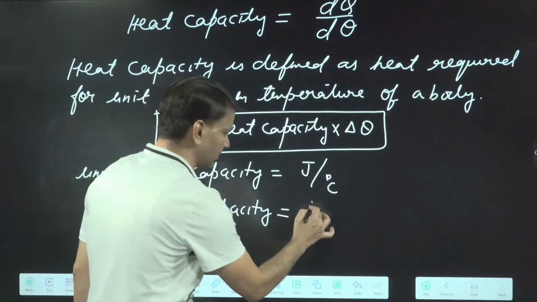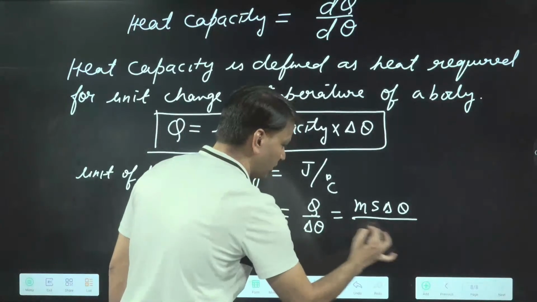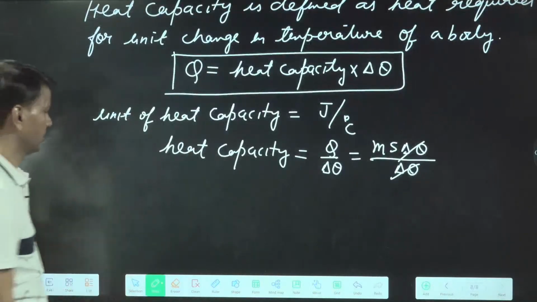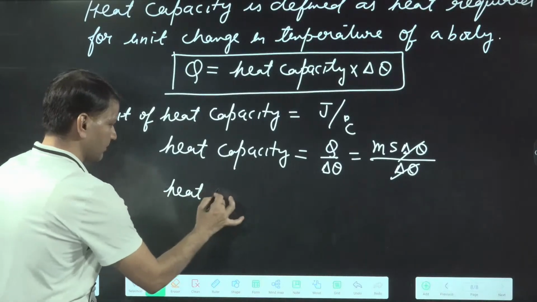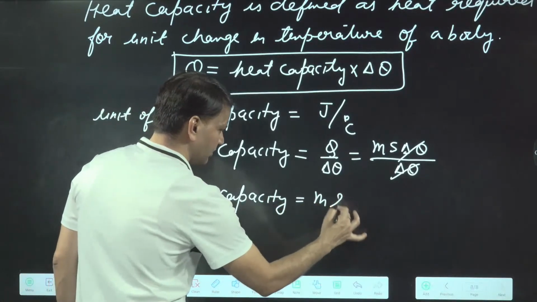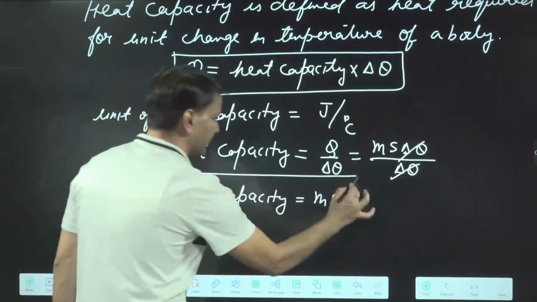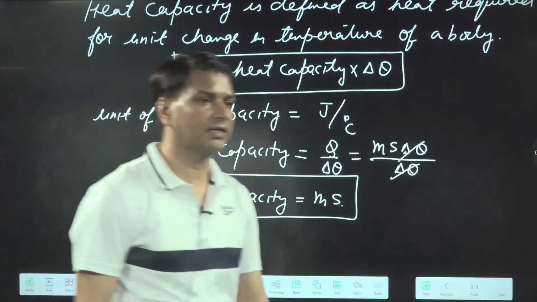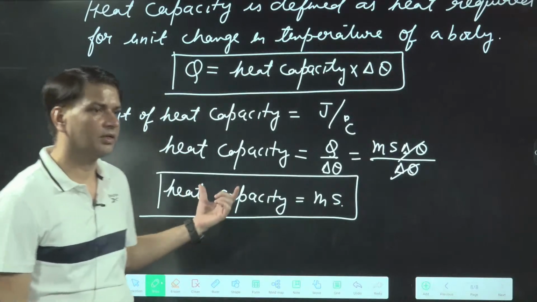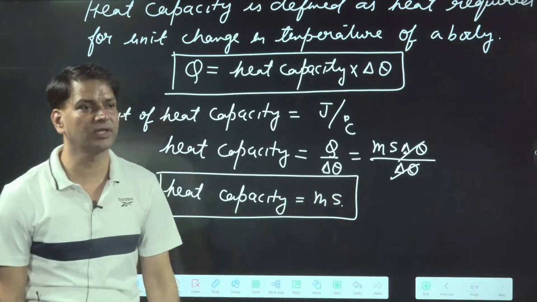Q is M S delta theta, so M S delta theta upon delta theta, delta theta cancels out. So heat capacity is M into S. Heat capacity is the product of the mass of the substance and the specific heat capacity of the substance.